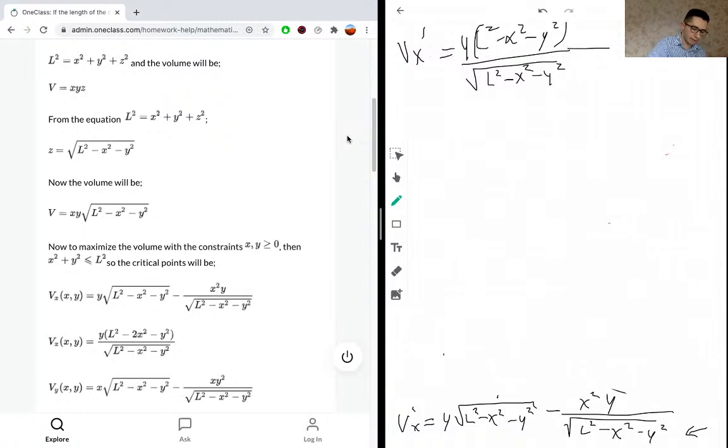And we also have the term here, so it will be minus x squared y. Okay, so sorry, that's not really on the screen here. Minus x squared y.